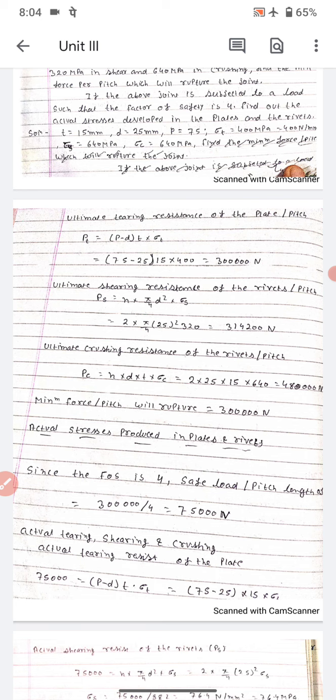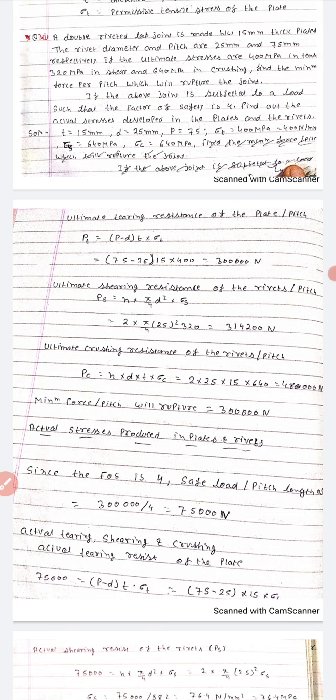Okay, so in this case the rivet is going to fail, so the area of consideration will be the cross section area of the rivet, and the value will be pi by 4 d square, because the shank is in cylindrical shape.